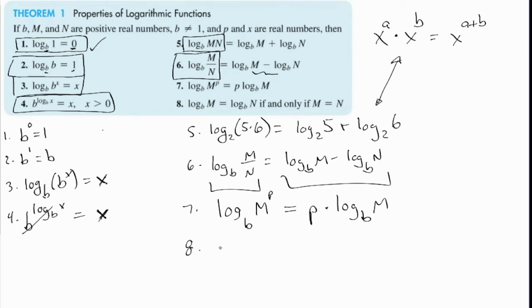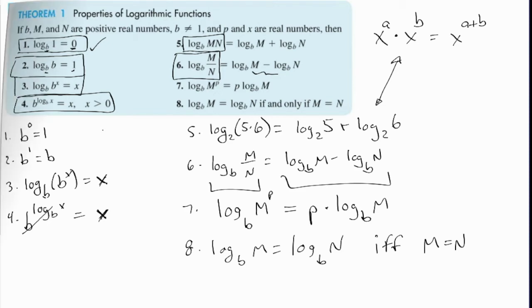And finally, log base b of m is equal to log base b of n if and only if m is equal to n. Just like we had that property with exponentials, that either the two bases must be equal given equal exponents, or the two exponents must be equal given equal bases.